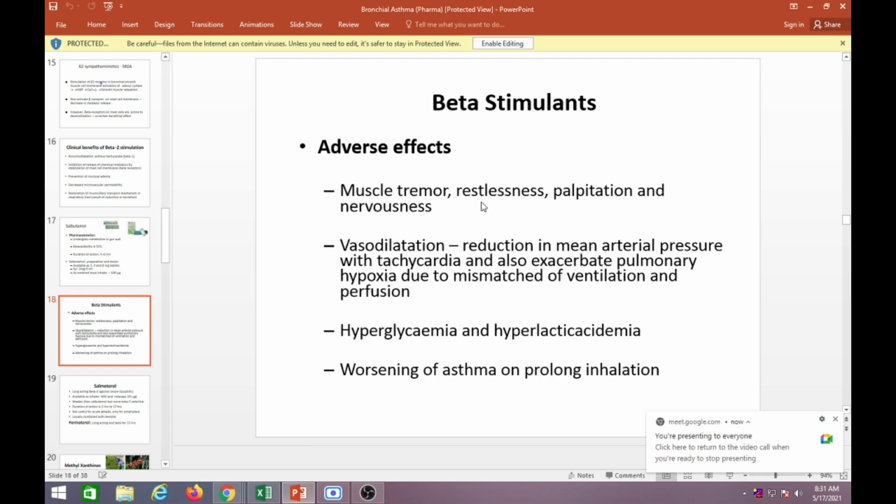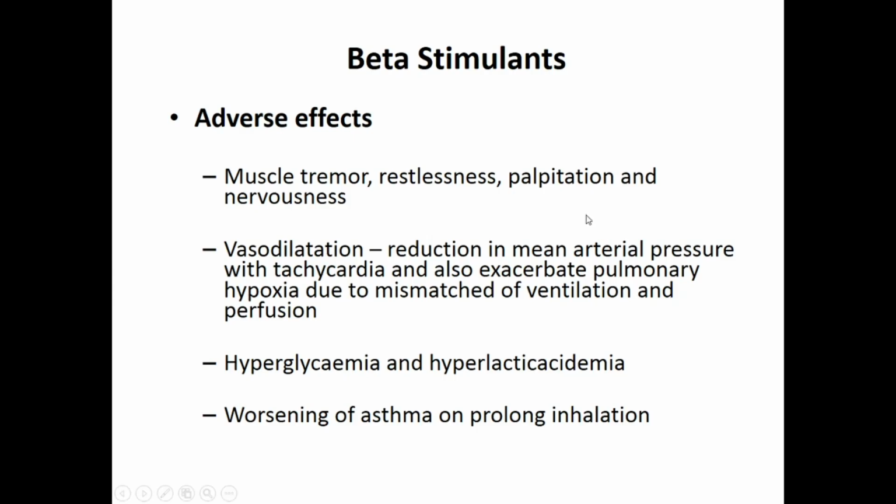Sometimes they may complain of restlessness, and sometimes, because beta-1 is somehow stimulated, palpitation. Sometimes it may cause hypoxia and hyperglycemia. These are the minor adverse reactions. But most of the time, patients complain of muscle tremor, restlessness, palpitation and nervousness.